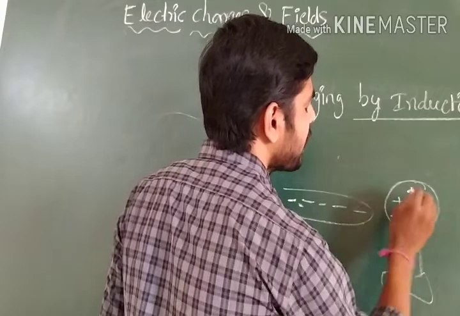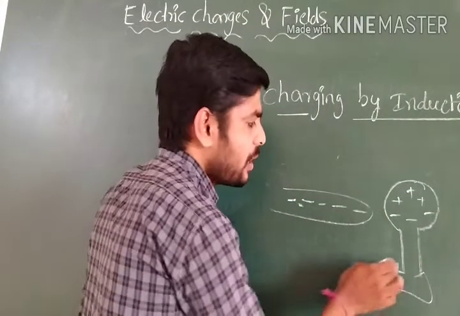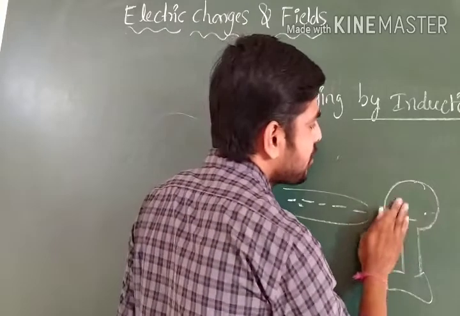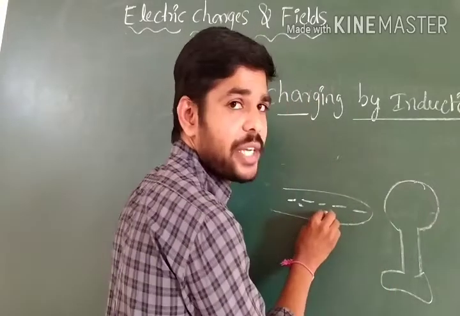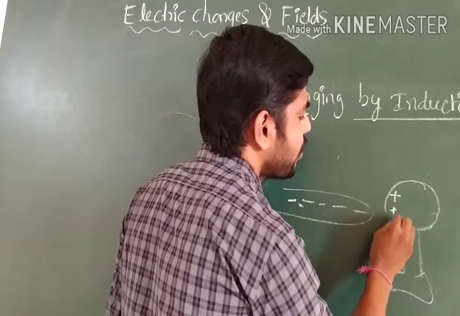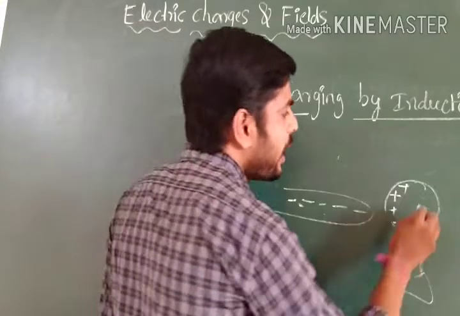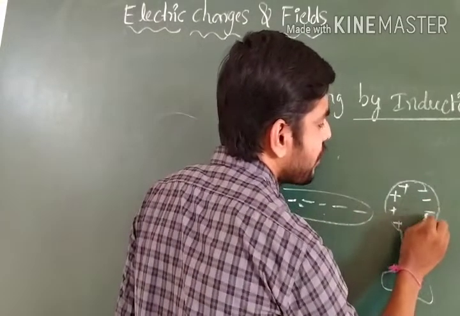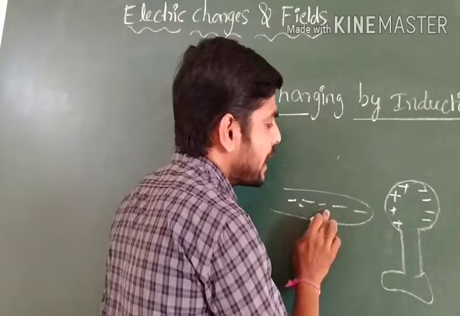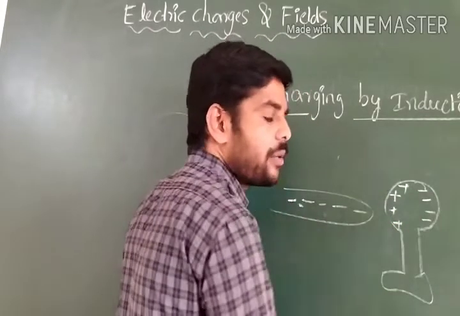Whenever the negative charge is kept nearest to the sphere, it becomes like this. All plus charges move towards the negative rod, and all negative charges move away from it. Negative repels negative, and plus is attracted. So that's why negative moves away.